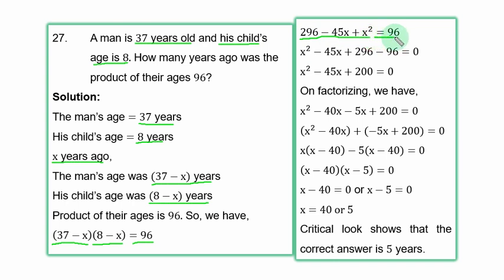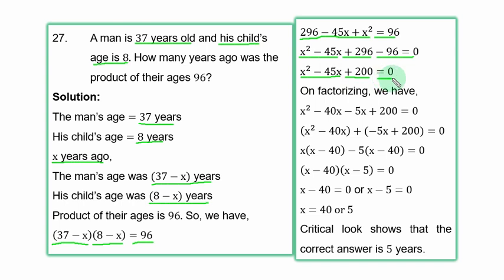So we rearrange following the order of the highest power of the variable. So we take s squared first, minus 45s plus 296. You move in plus 96, it becomes minus 96 equal to 0. So you have s squared minus 45s. 296 minus 96 is plus 200 equal to 0.